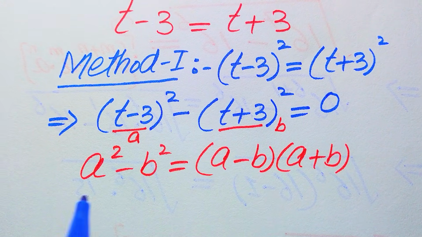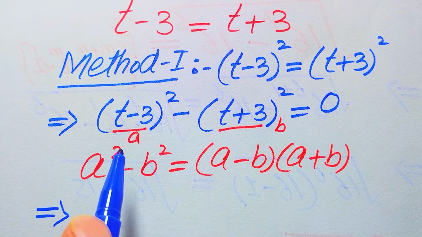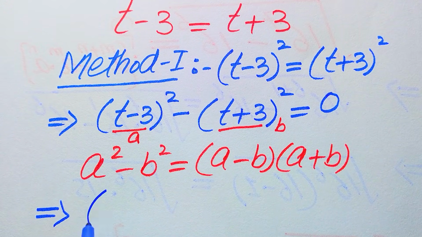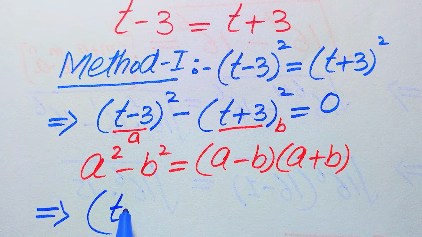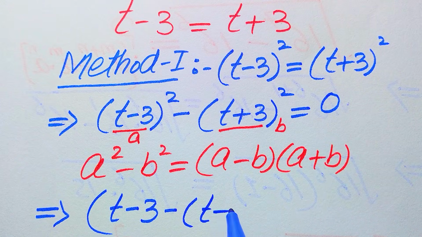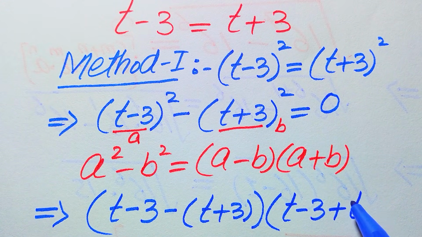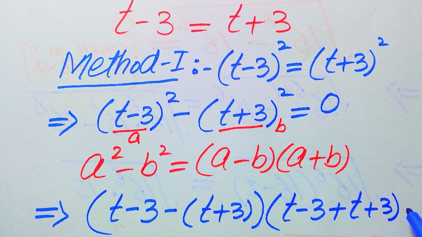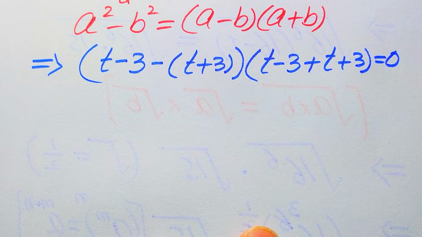We substitute both of these values into the right hand side of this formula, and it becomes: first we have a minus b, the value of a is t minus 3 minus the value of b, t plus 3, into a plus b. Again the value of a is t minus 3 plus the value of b is t plus 3, and this whole equation is equal to 0.